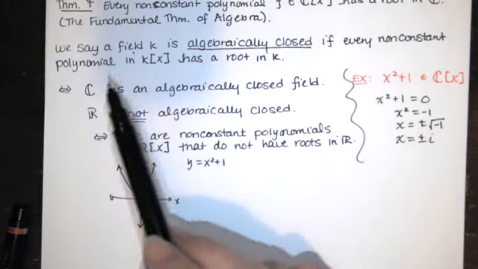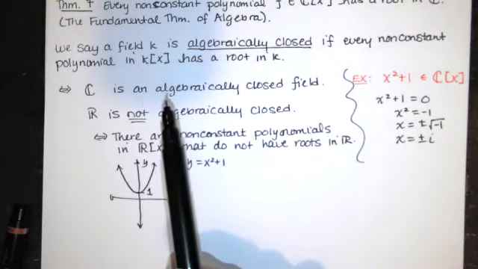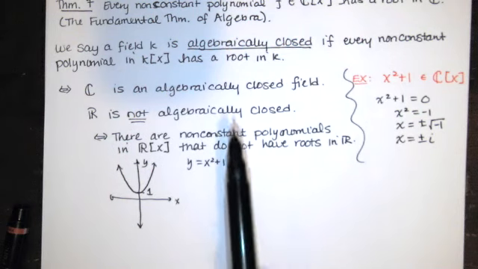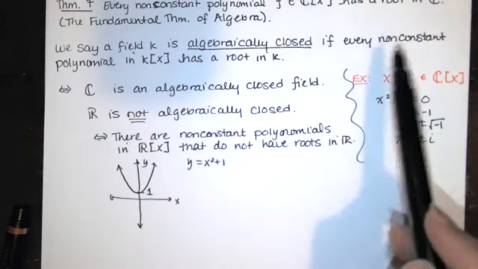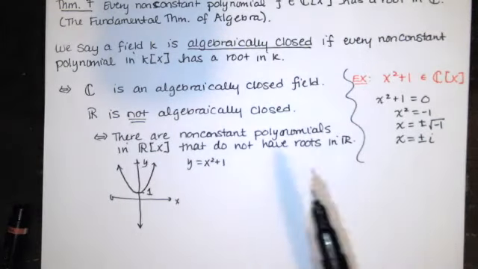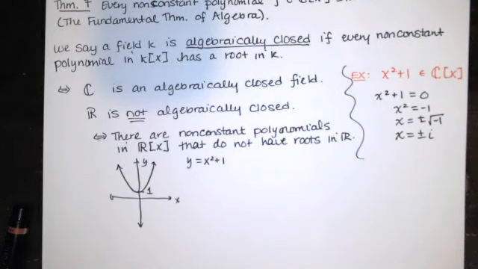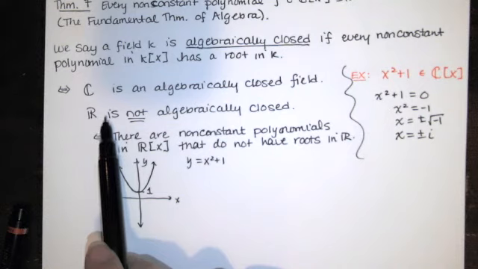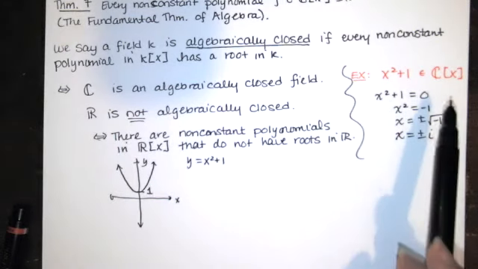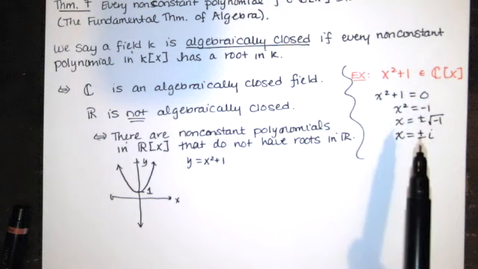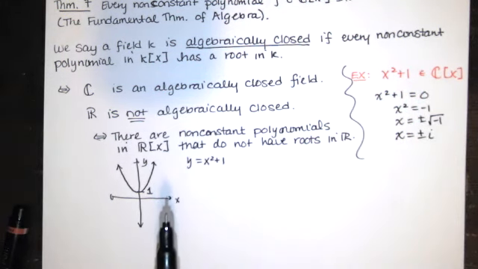This says that every non-constant polynomial in this polynomial ring has a root in K. So if you're saying that something is algebraically closed, you get to assume that for any polynomial, even if you can't think of the roots, even if you can't solve the equation, you could just write down a polynomial and you're going to have a complex root, provided that the coefficients are complex numbers. Now, over here, we're saying that even if all the coefficients are real numbers, there's no guarantee that there's a real number out there that will give you a 0. So the reals are not algebraically closed. And that'll be very important later.